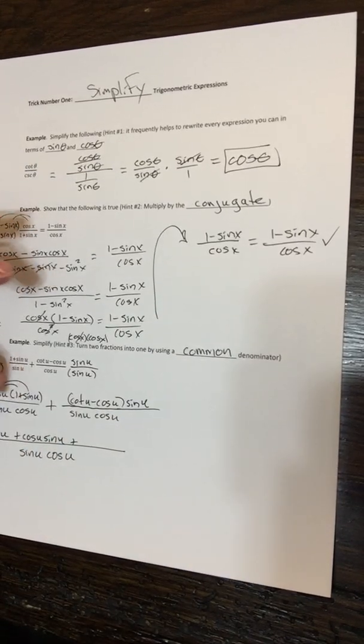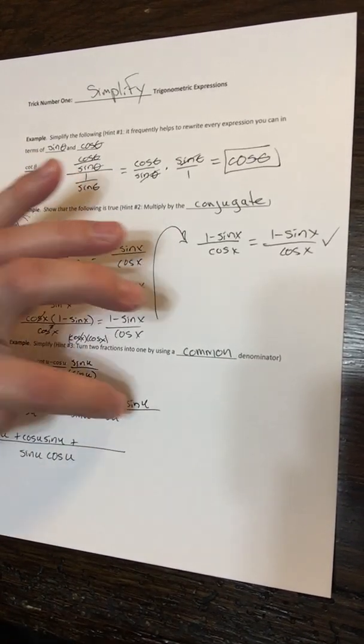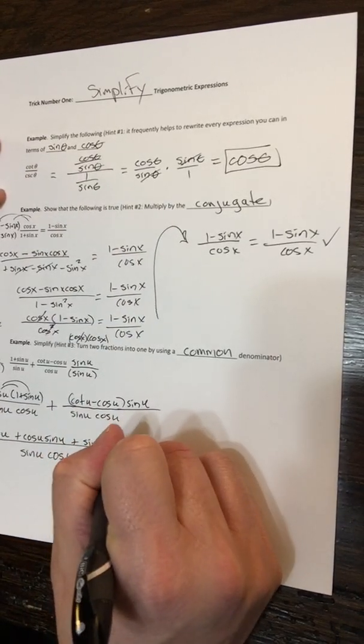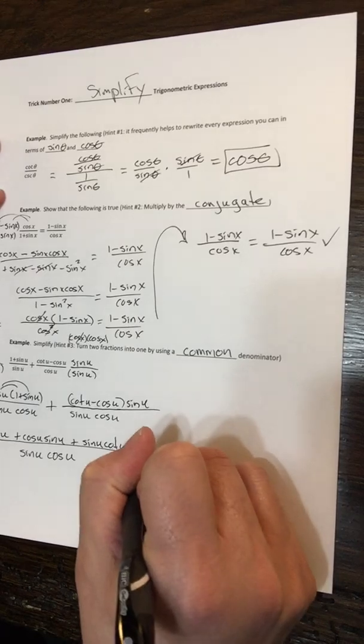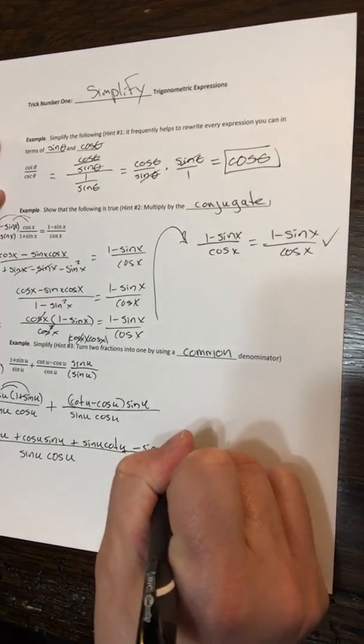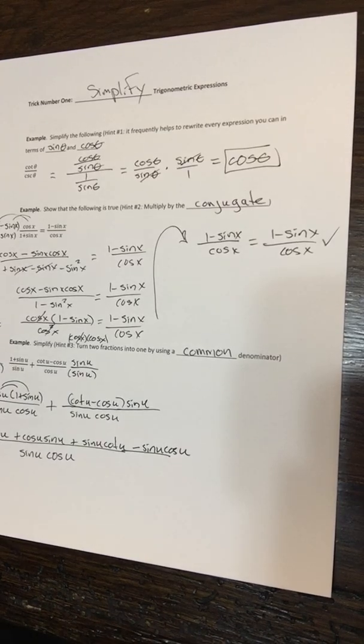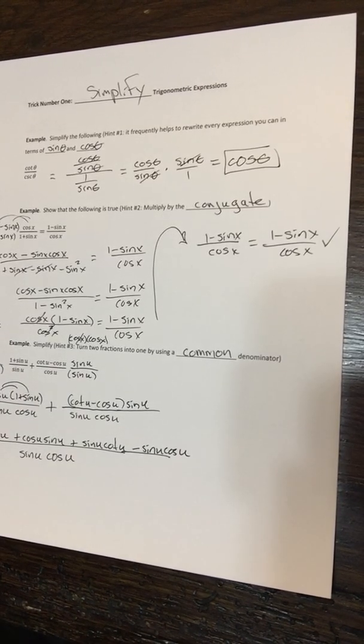Okay, that's these two. Then here, the sine of u will get multiplied by both of these. So this goes sine of u times the cotangent of u minus the sine of u times the cosine of u.